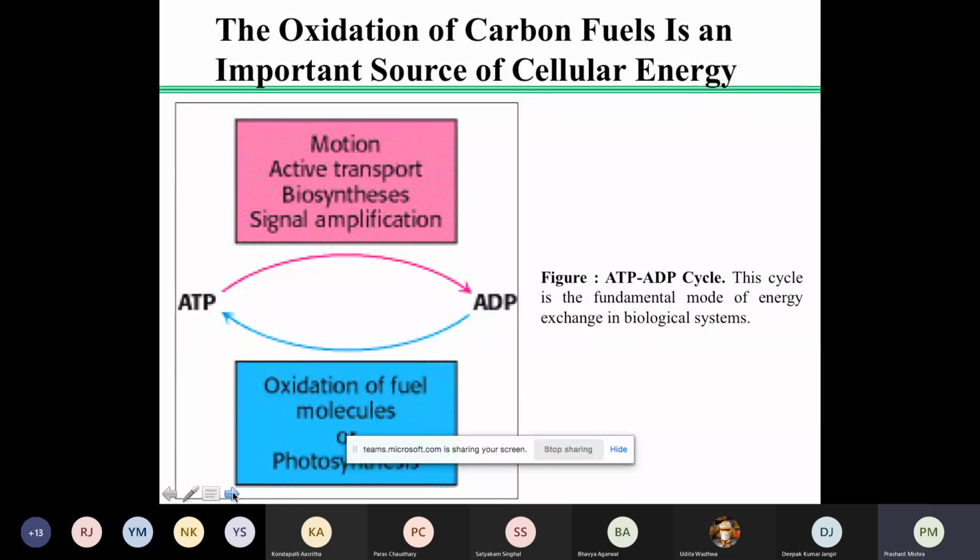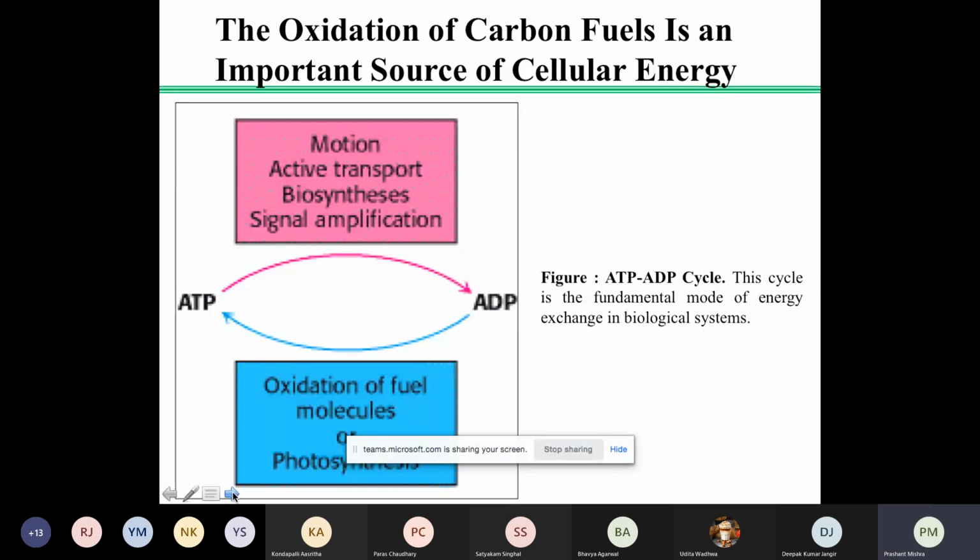On the other hand, as I said, there are two major ways in which ATP is synthesized. This was discussed yesterday. One is phototrophs, that means photosynthetic bacteria or photosynthetic organisms like plants. They synthesize the molecule, and during this process, ATP is being synthesized, or ATP generation molecules are being synthesized.